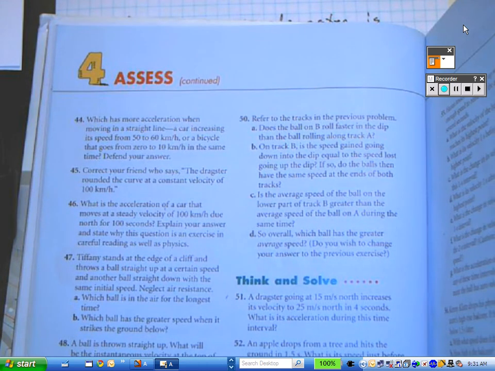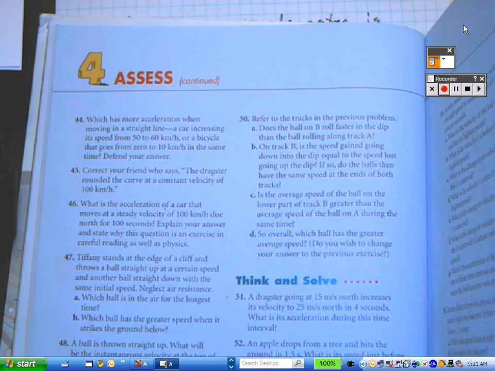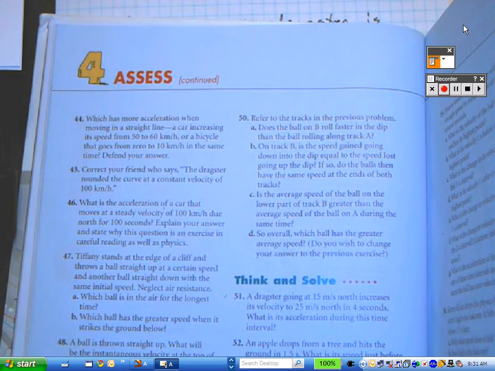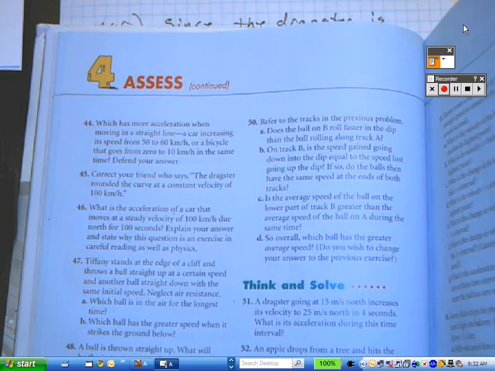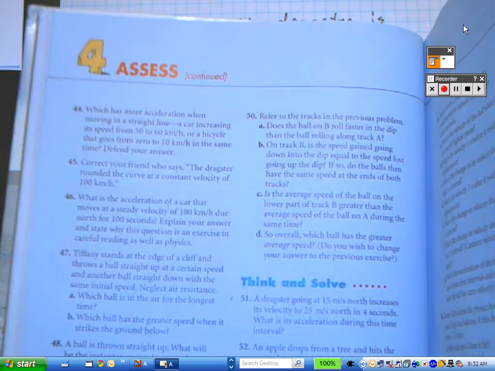And it says there, correct your friend who says the dragster rounded the curve at a constant velocity of 100 kilometers per hour. Now, likely you're taking a look at this at the very beginning. We're not doing chapter 4 yet, but the main thing is, if you see a question like this, you should explain in more than just 2 or 3 words what the answer is.